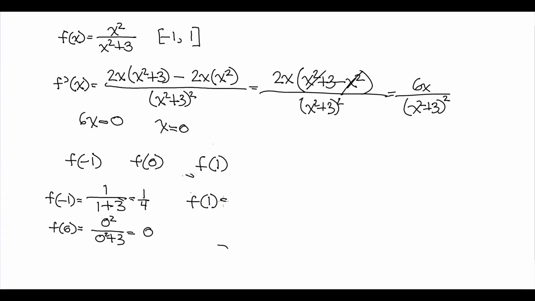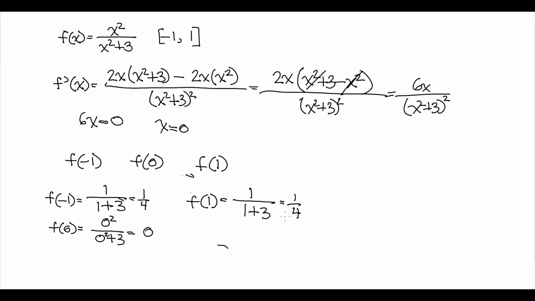F of 1 is 1 squared over 1 plus 3. So you have 1/4, 1/4, and 0.